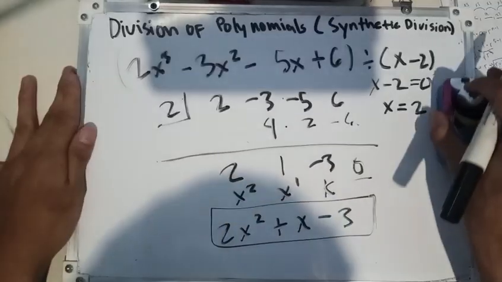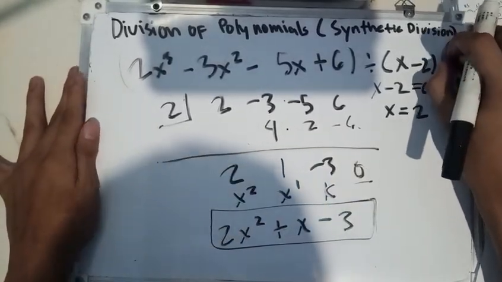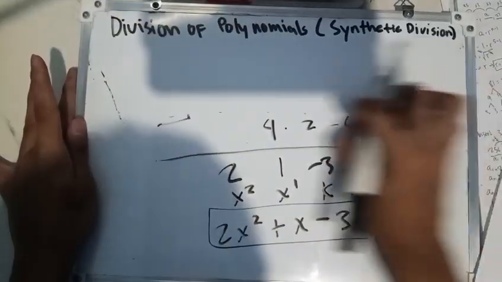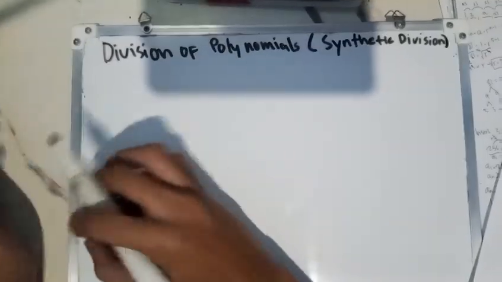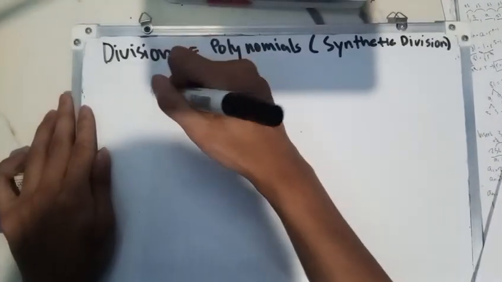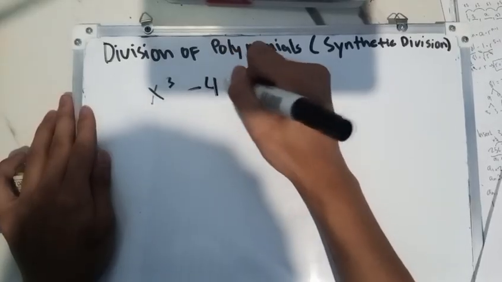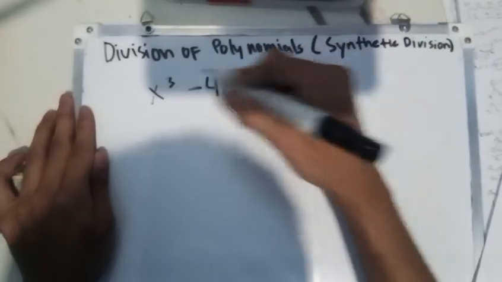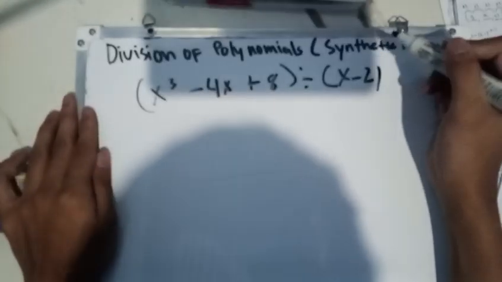Let's try another example. So what if we have x cubed minus 4x plus 8 divided by x minus 2?